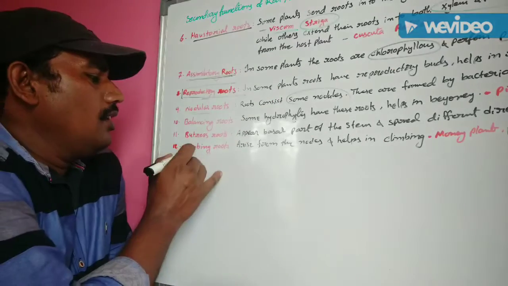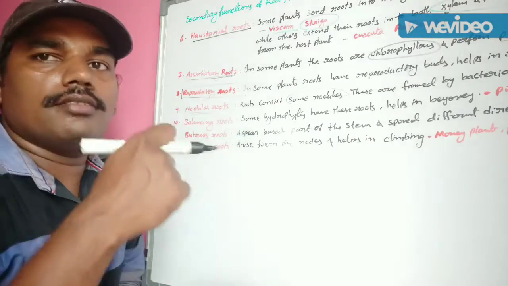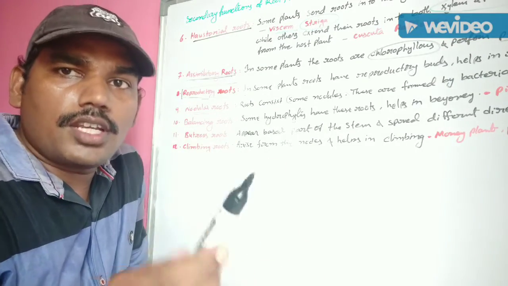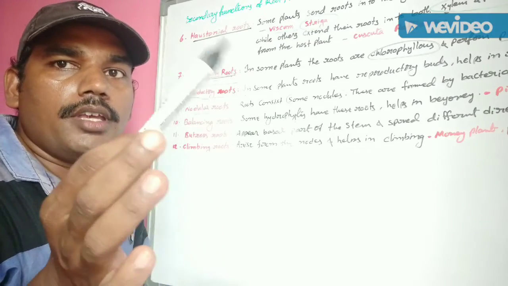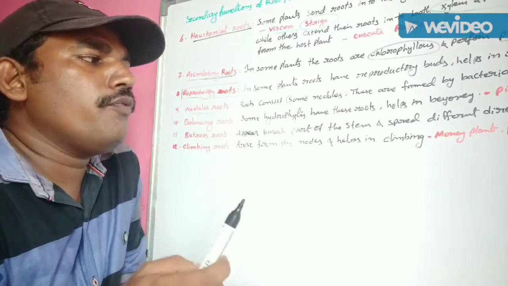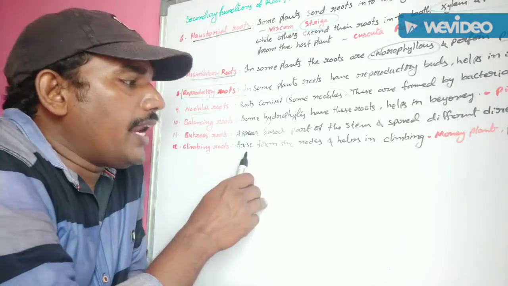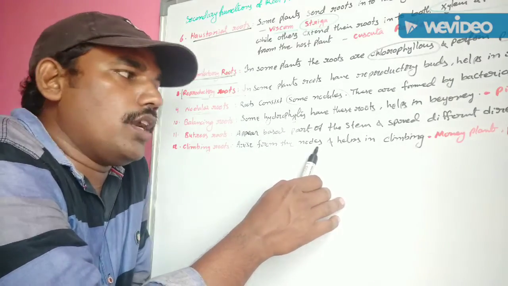Another type is climbing roots. Climbing, because the stem is very weak. The stem is not erect. The stem is weak, so these climbing roots are helpful for climbing. These arise from every nodal region.